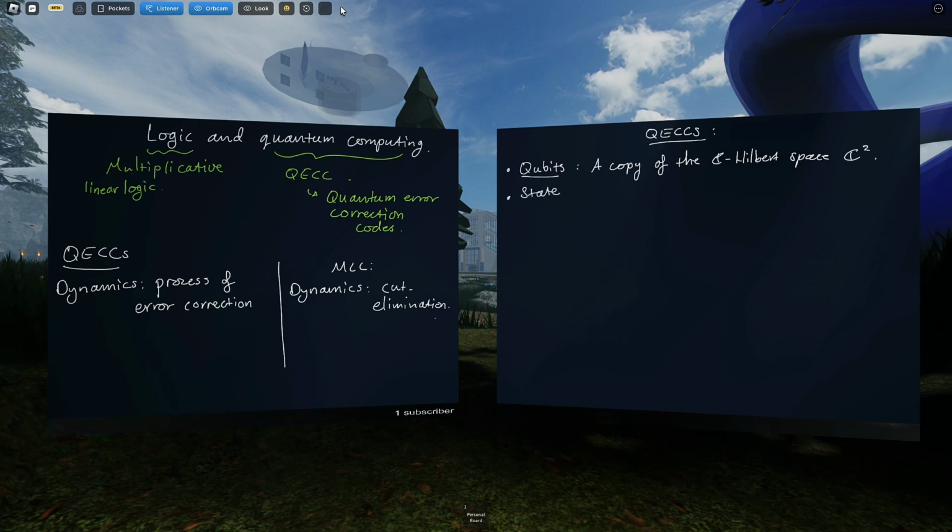And then a state of a qubit is going to be a vector inside a qubit of norm 1. And I'll be using Dirac notation. So this is simply notation for a vector. So this is an element of C squared. And for it to be a state, we require that it is of norm 1.